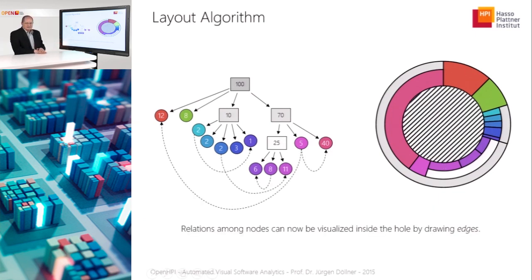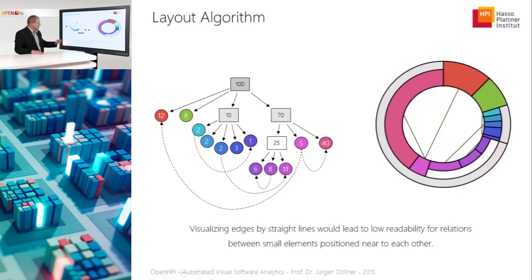So let's extend this example. We would like to visualize the relations defined in this compound graph. We would like to draw edges. We could do this by drawing straight lines between two connected nodes. We ignore in this example the direction of the edge.